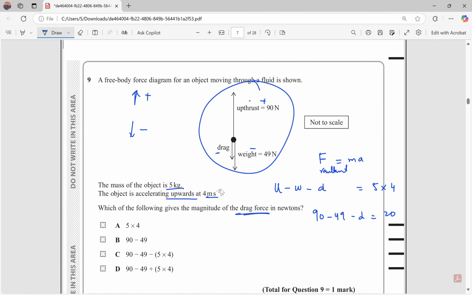We can just keep it 5 times 4 because I just looked at the options and they did not solve it. We have to find the drag force. Let's just take drag force to the other side. So we'll be left with 90 minus 49 minus 5 times 4 is equal to the drag force. That is option C.